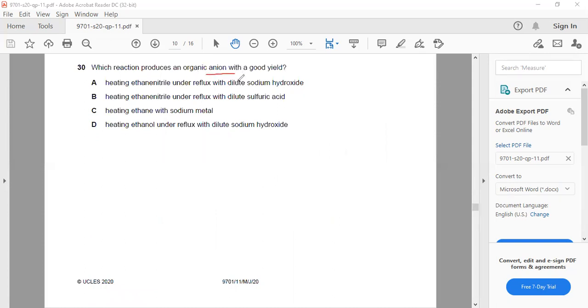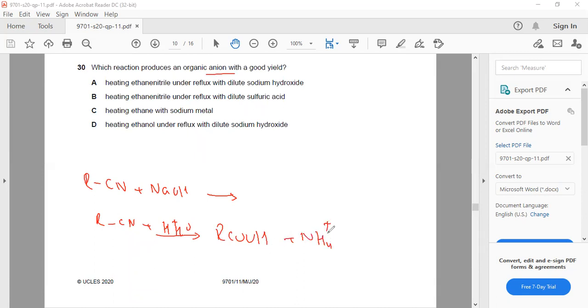Organic chemistry. I asked many students, they don't do this question, nitrile. In alkaline hydrolysis, they don't do it. They do the acid hydrolysis, with water. Then they say we get this plus NH4 plus.